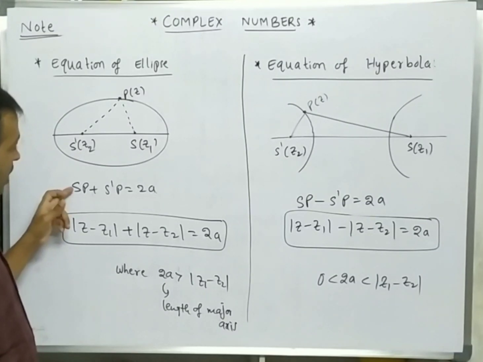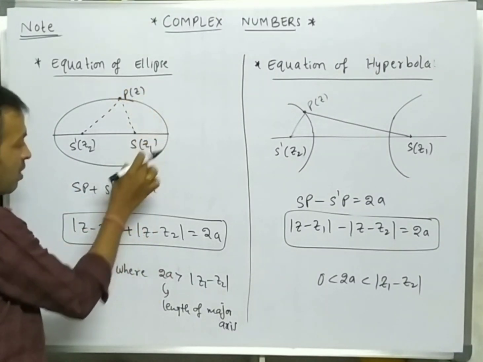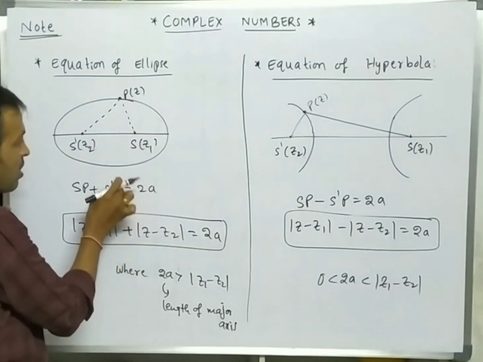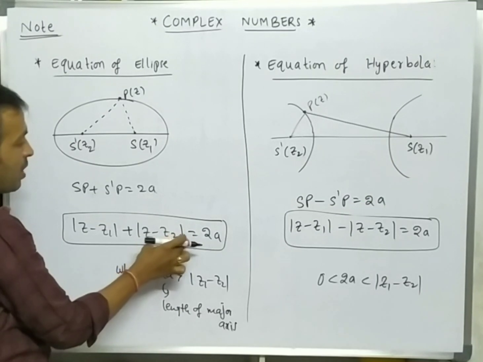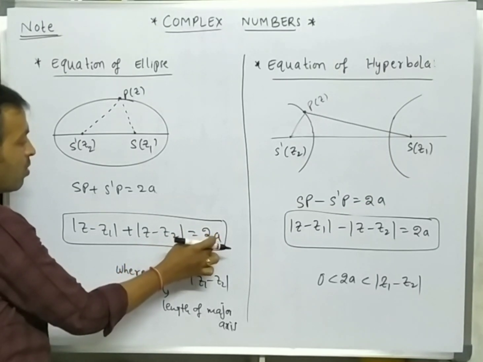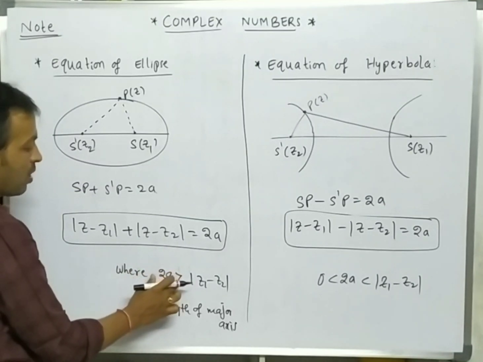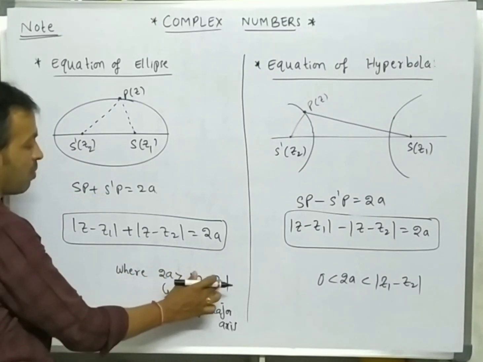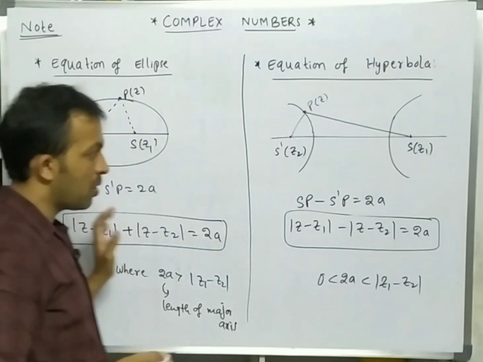SP is the distance between these two points, that is modulus of z minus z1, plus S dash P, that is mod z minus z2, is equal to 2a, a fixed distance. Here the condition is that 2a must be greater than modulus of z1 minus z2. Here 2a is called the length of the major axis.